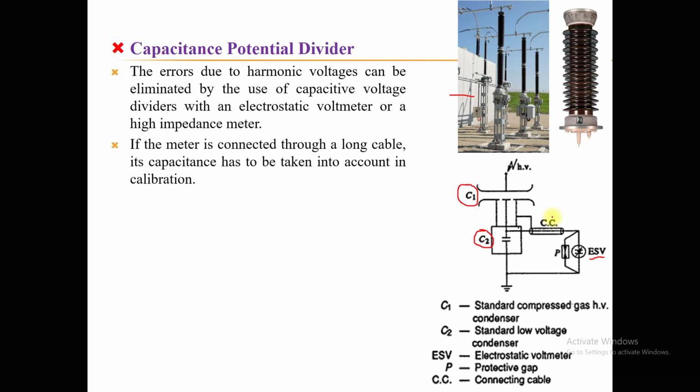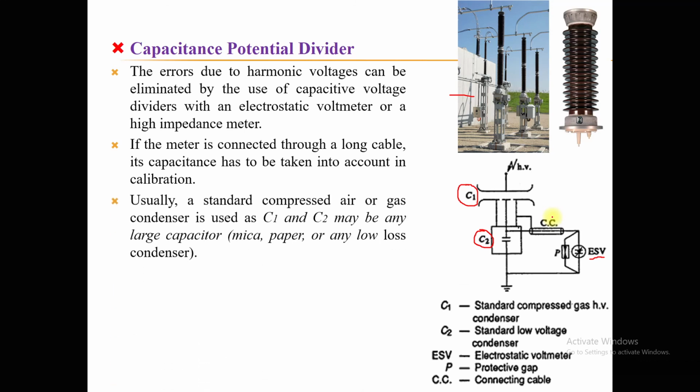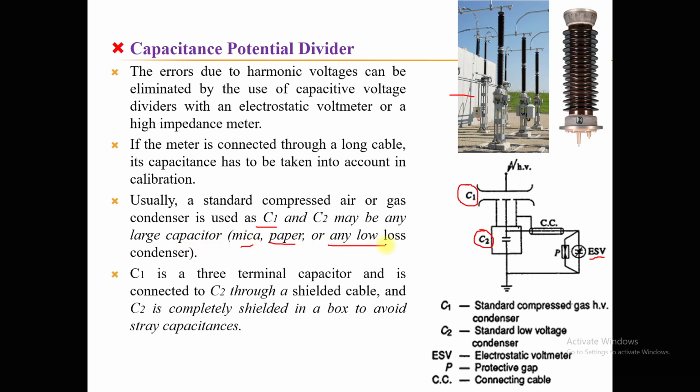If the meter is connected through a long cable, its capacitance is also taken into consideration for calibration. Usually a standard compressed air or gas condenser is used as C1, whereas the C2 low voltage capacitor may be of mica, paper or any low loss capacitor.